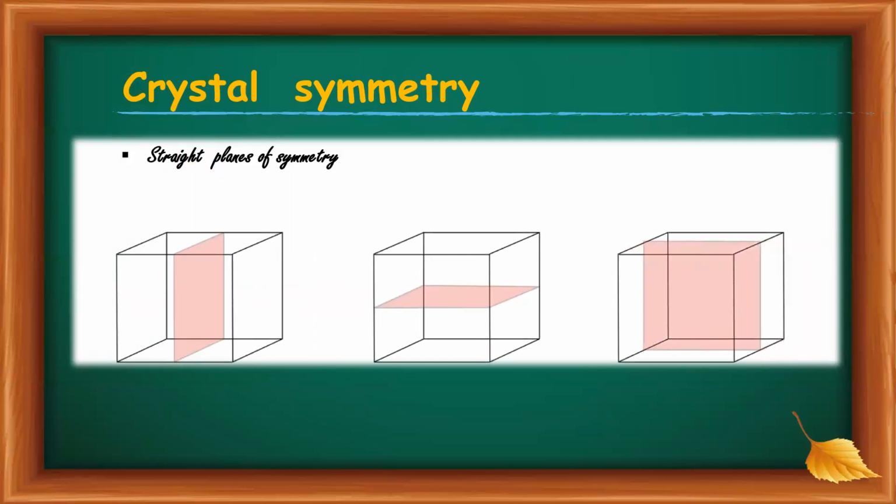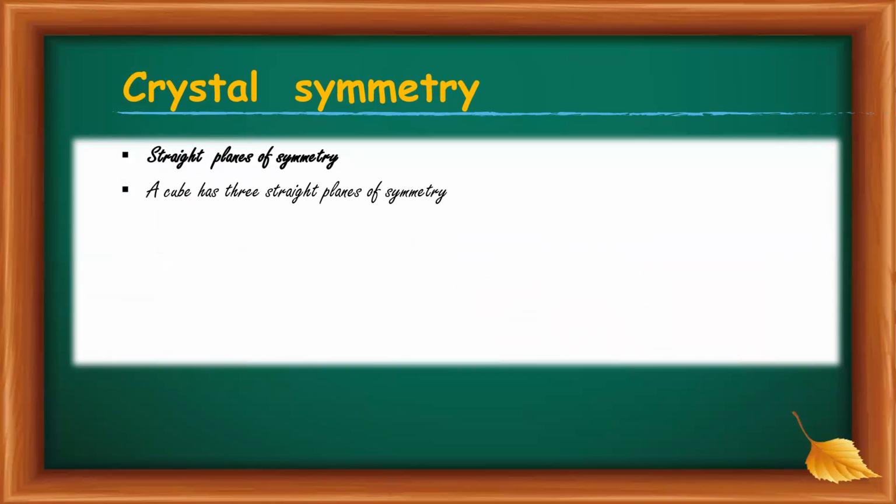When we divide the cube through those planes, it will give you two identical divisions. So a cube has three straight planes of symmetry.